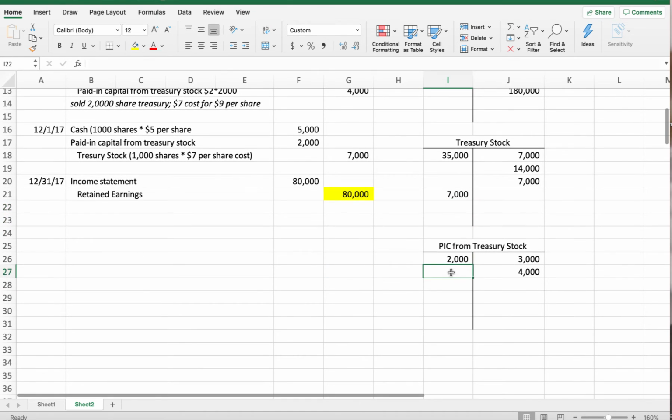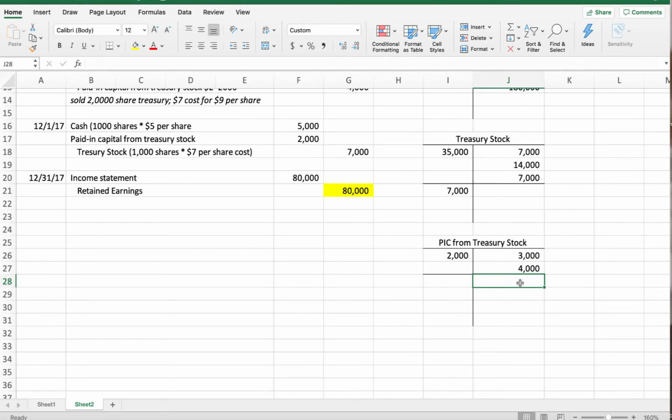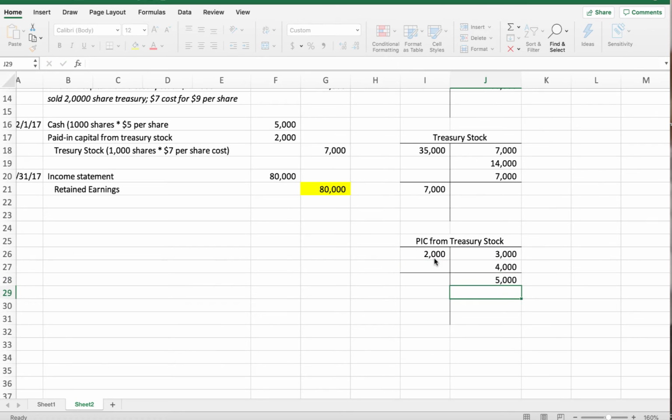I need to do the same thing for my paid in capital. I'm going to add up all my credits and subtract them from my debits. So I'm going to say equals that plus that minus my debit. So I have $5,000 left in my paid in capital from treasury stock.